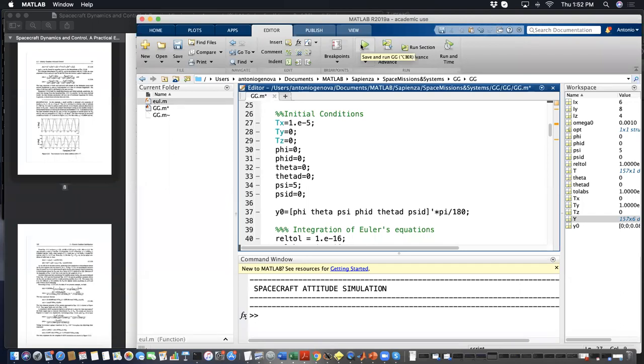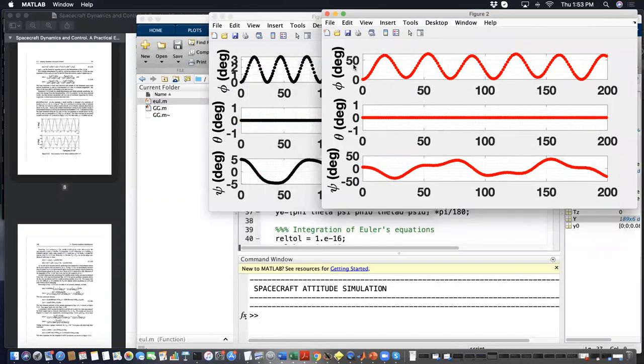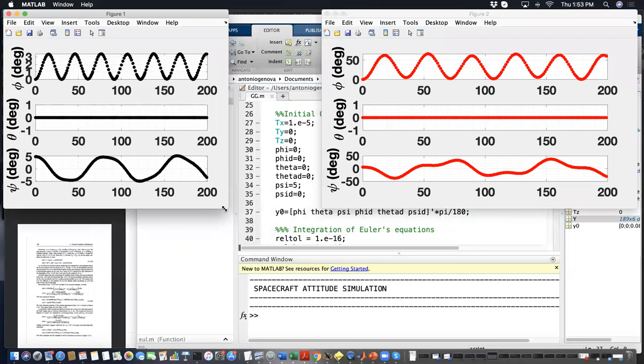What I would like to demonstrate is that the gravity gradient could be enough to stabilize the spacecraft if you have torques along the roll and the pitch axis. But if you have a torque along the yaw axis, you're not able to have a good response from the gravity gradient, because the gravity gradient will not provide a significant response. So let's do this one and this one.